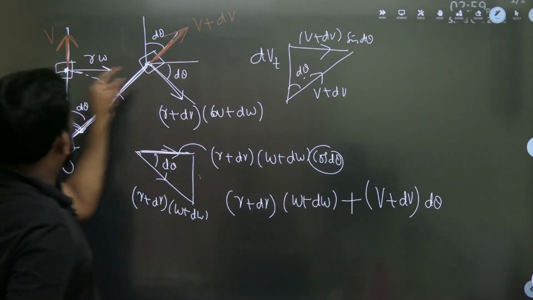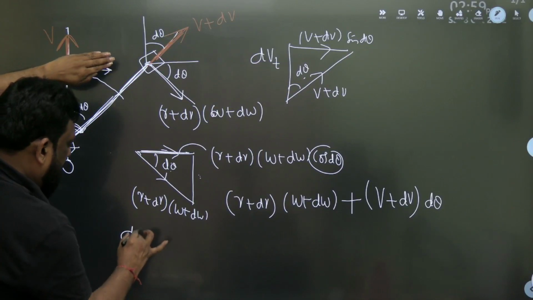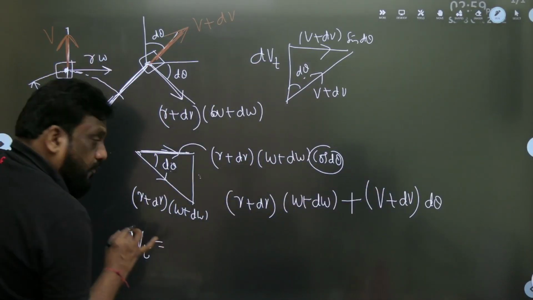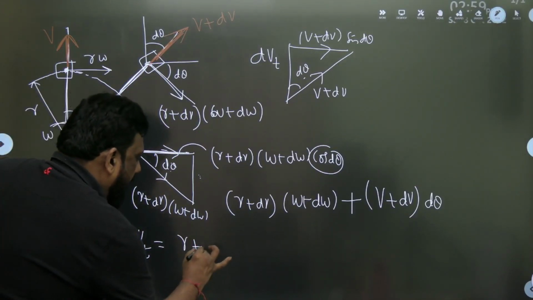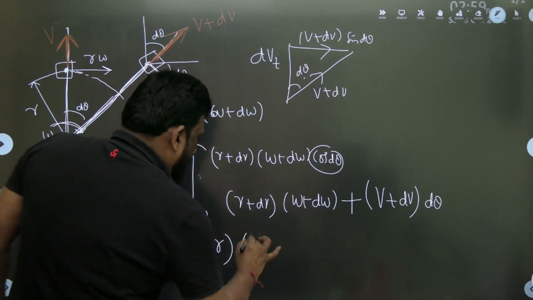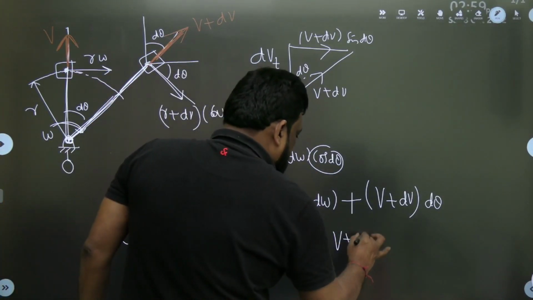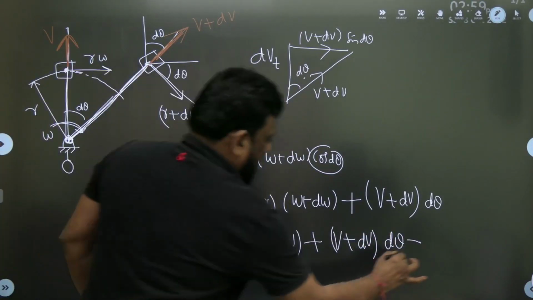It is final minus initial, and initial is r omega. So we are calculating the change of velocity in the tangential direction: r plus dr, omega plus d omega, plus v plus dv d theta, minus r omega.